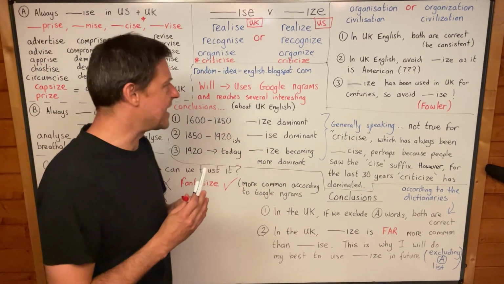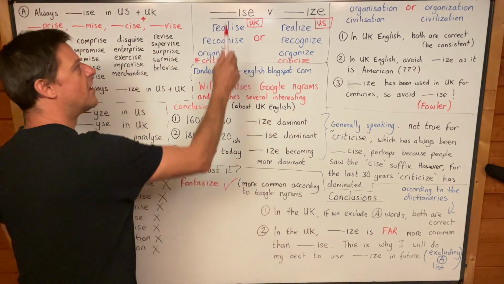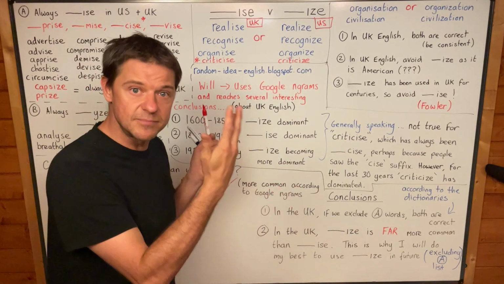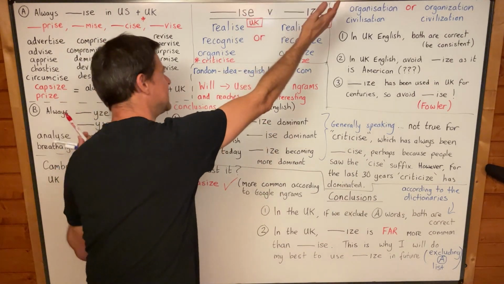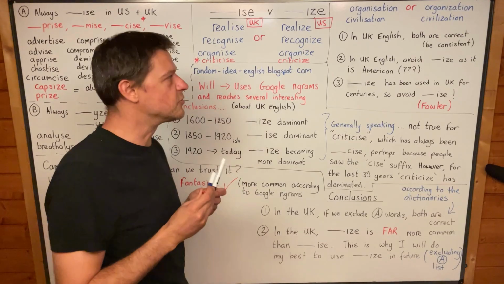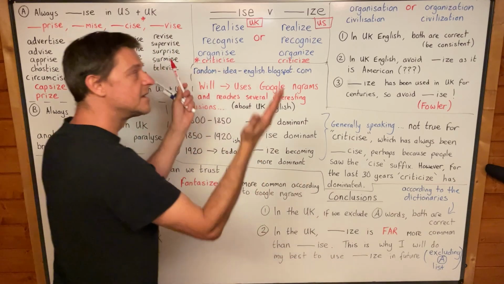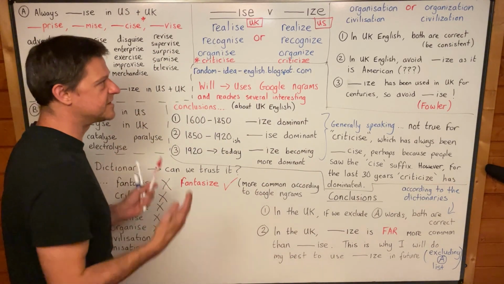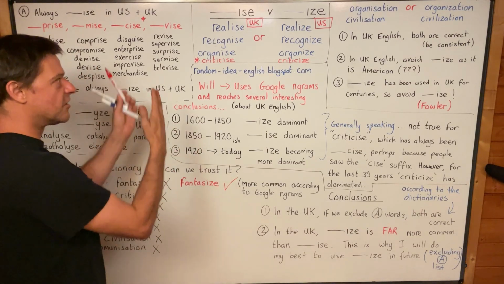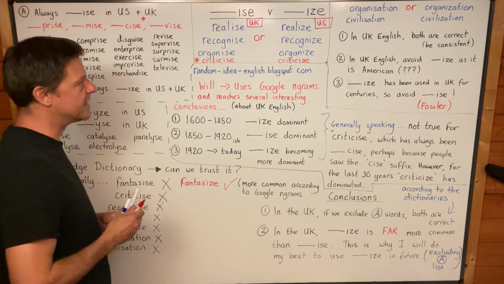If you look for Random Idea English Blogspot, ISE, and go to his article called Random Thoughts on ISE words, you will read a really interesting essay and you'll get all the details. I'm going to give you an overview of the points that he makes, because he answers this question in great detail, and it's a very good answer. So if you want to know the full answer of which one to use, watch till the end of the class and you will find out.